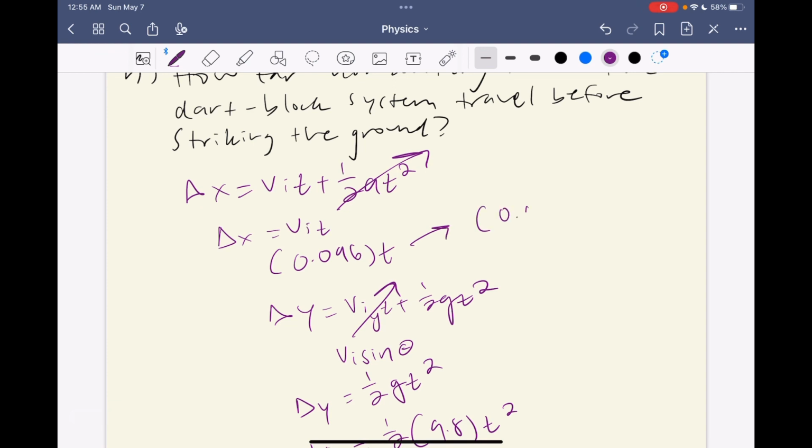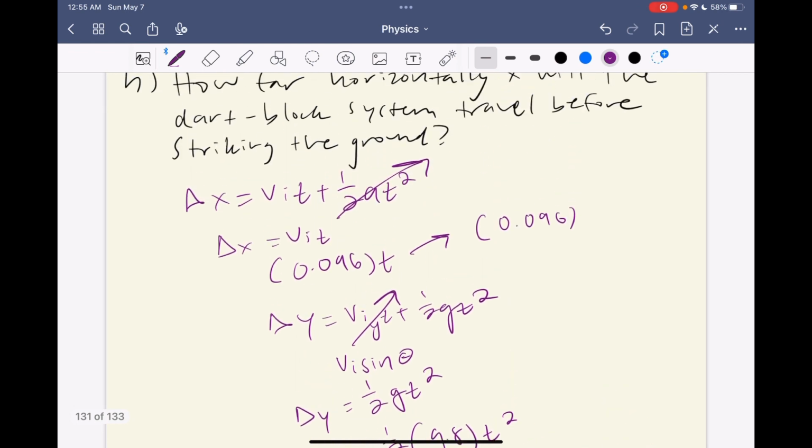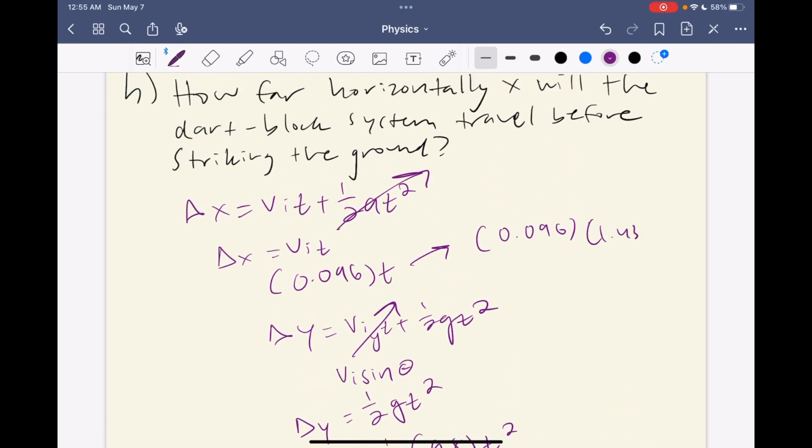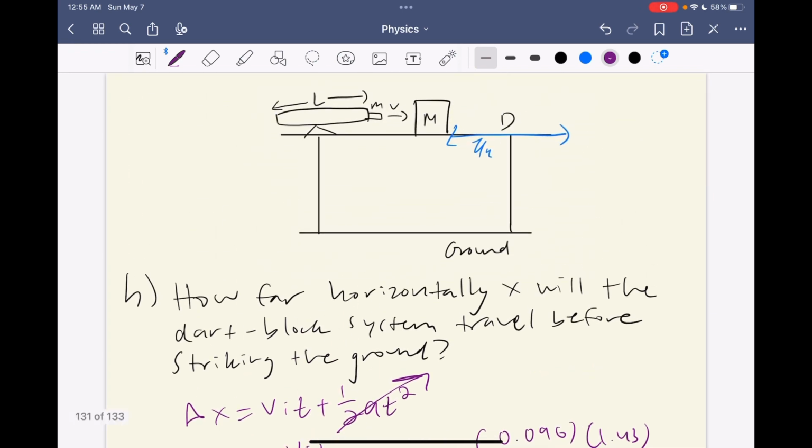So it'd be 0.096 times 1.43, which is 0.137 meters.